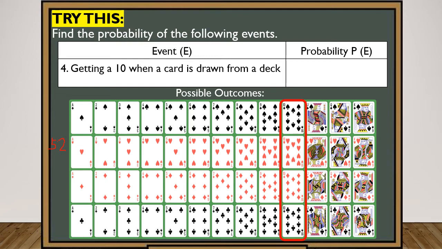If you have 4 cards out of 52 cards, what is the probability of getting a 10? What do you think?